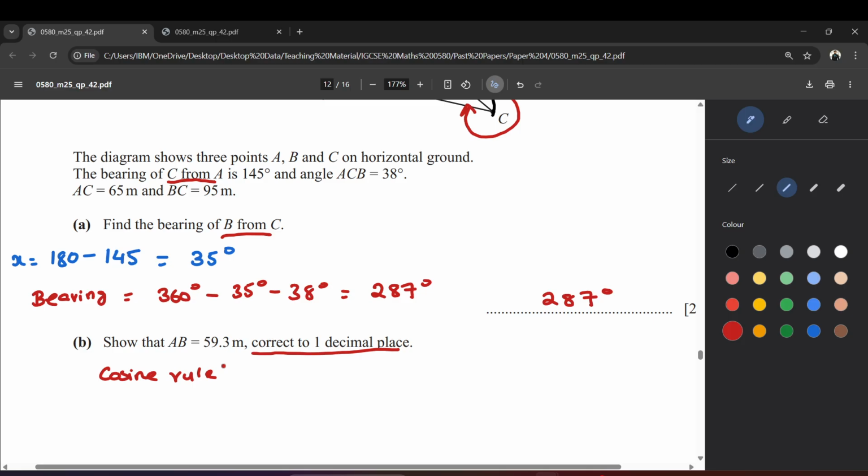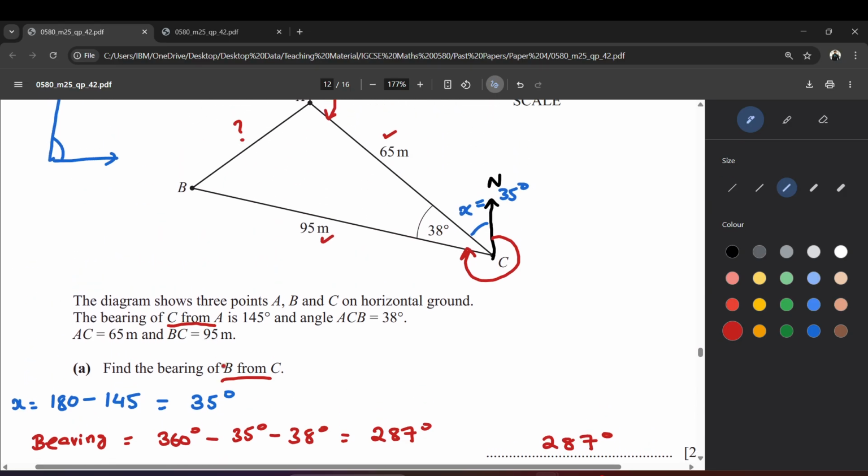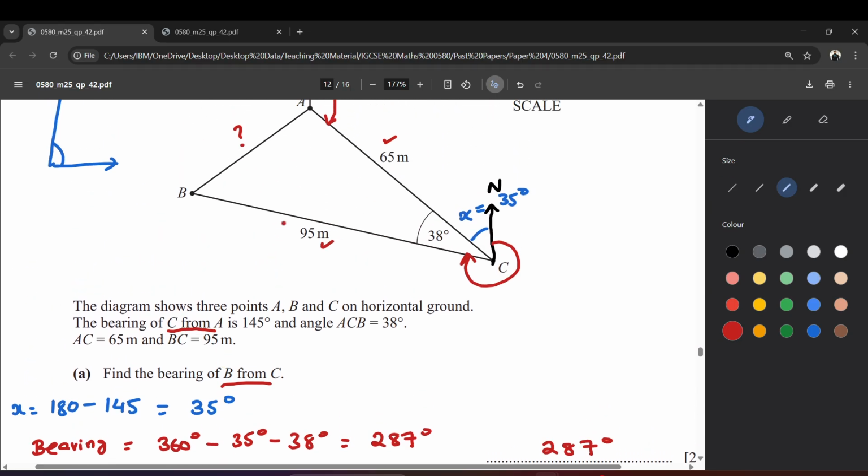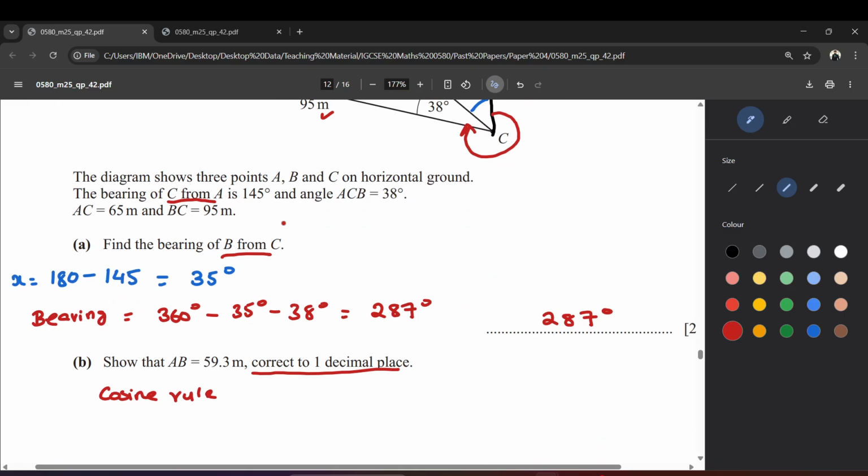Cosine rule can be used in two scenarios. One scenario is if you have all three sides given to you and you need to find an angle, that is where we can apply cosine rule. Or you can use it in a situation like this where you have two sides and one angle and you need to find the third side.